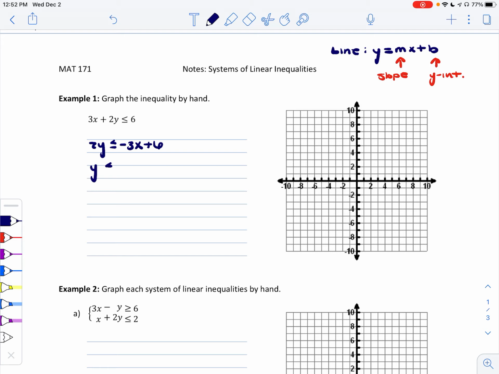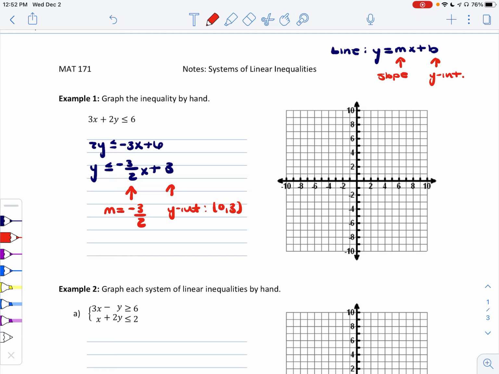So y is less than or equal to negative 3 over 2 x plus, and then my 6 over 2 would be a 3. So that means that our slope is negative 3 over 2, and our y-intercept is the point 0, 3.